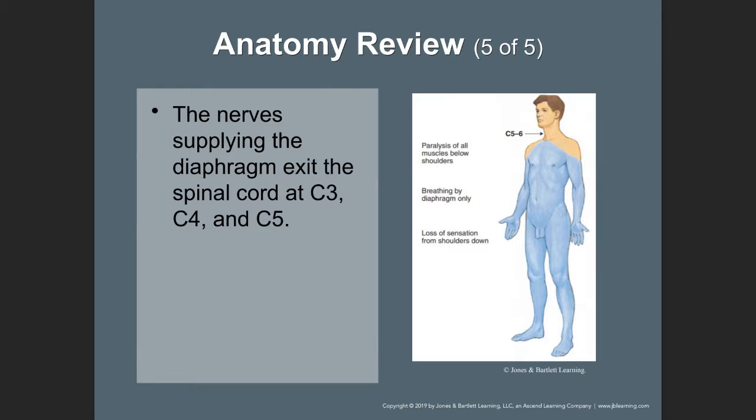It can affect the ability of the diaphragm to move, which is important to the process of ventilation, and there can be a loss of sensation from the shoulders down if there's damage in that area.